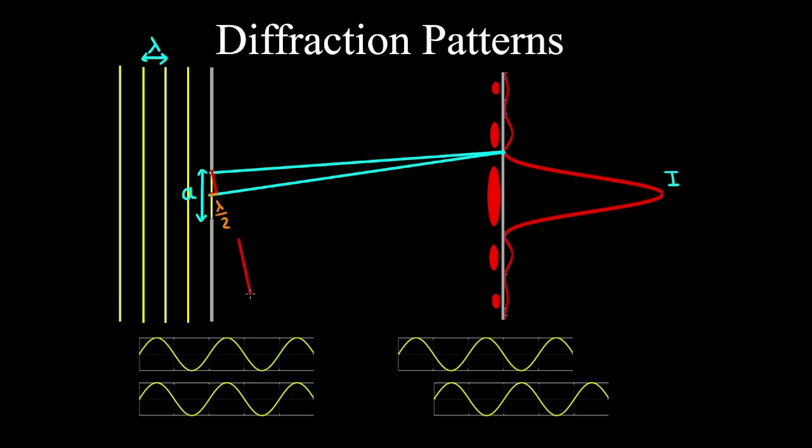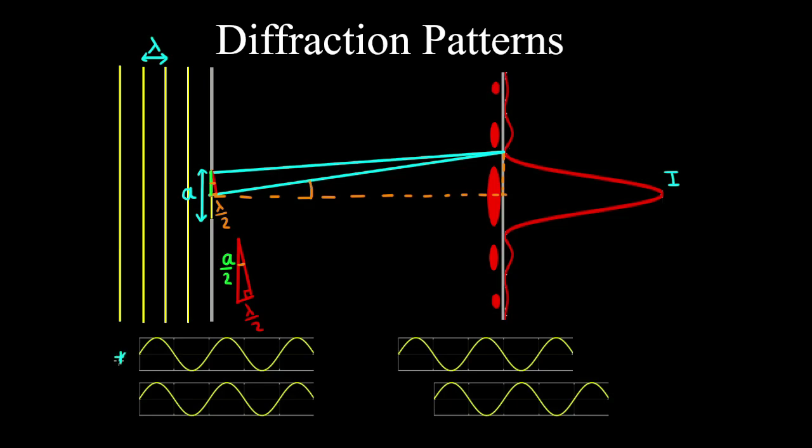So if we blow up that triangle, it'll look something like this. And this distance here is half the width of the aperture. And this angle theta is the following angle between the horizontal and this line to the minimum.